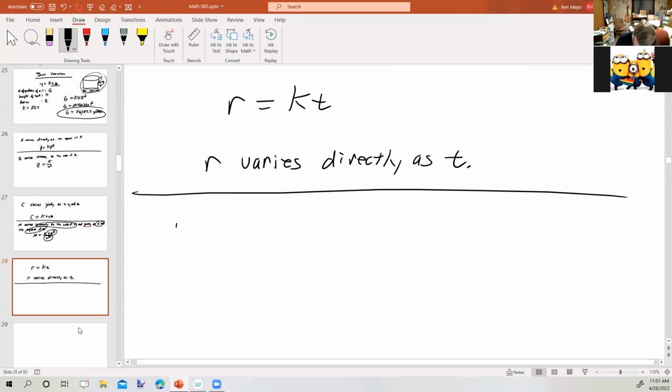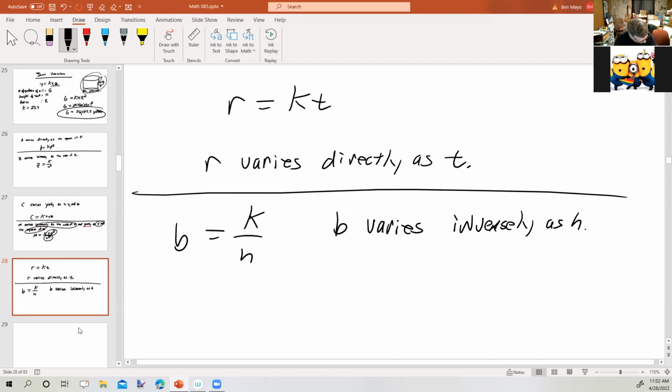B equals K over H. We would say B varies inversely as H. All right with that? Yes.